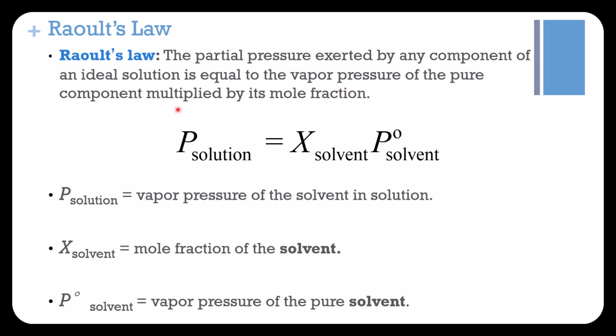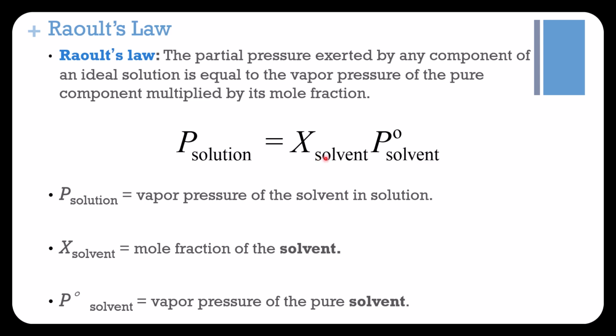So what Raoult's Law says is the pressure of the solution, so that vapor pressure exerted by the solution, is going to be equal to taking the vapor pressure of a pure solvent. So what is the vapor pressure of water before I add anything to it, for example? So taking the vapor pressure of the pure solvent and multiplying that by something called mole fraction.